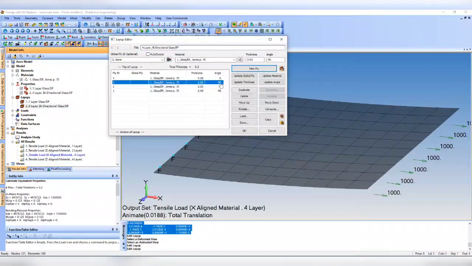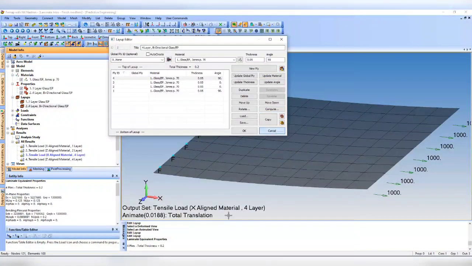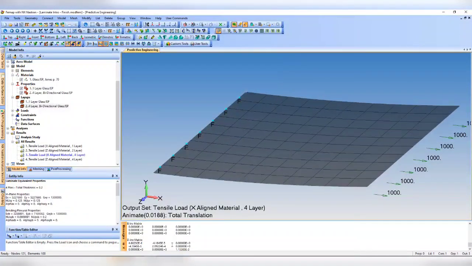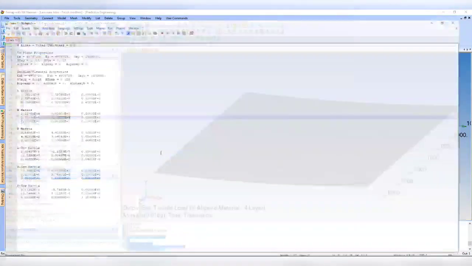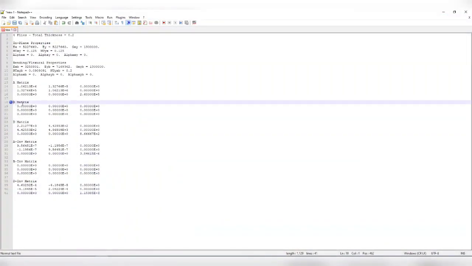And a good design would have made it 0, 90, 0, 90. And in this case, it's a symmetric layup, and I can compute that. And we will see that our B matrix is 0.